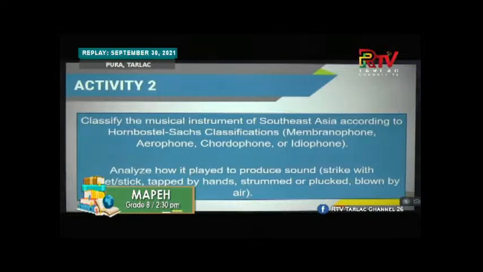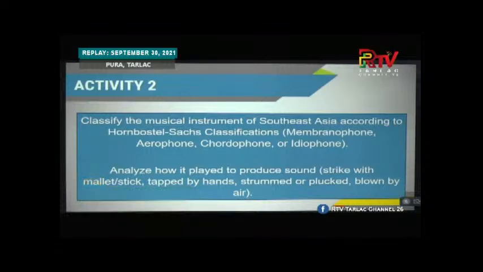Analyze how it is played to produce sound: strike with mallet or stick, tap by hands, strummed or plucked, or blown by air. Write your answer on the columns on the learning activity sheet, activity 2, after which we will check your answer immediately.